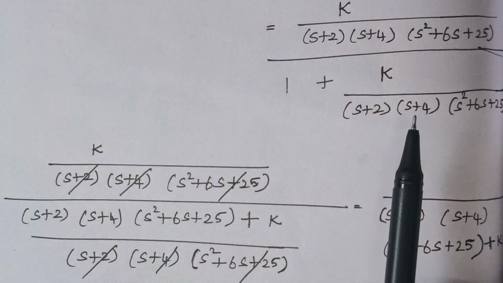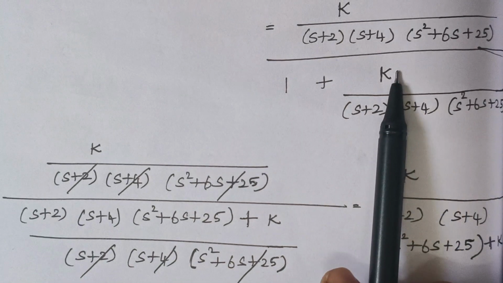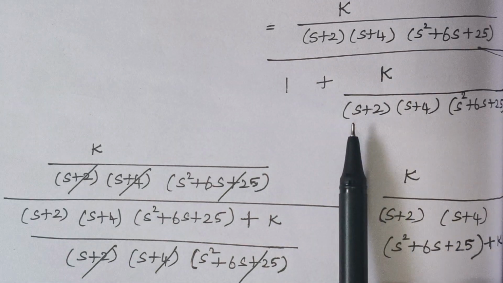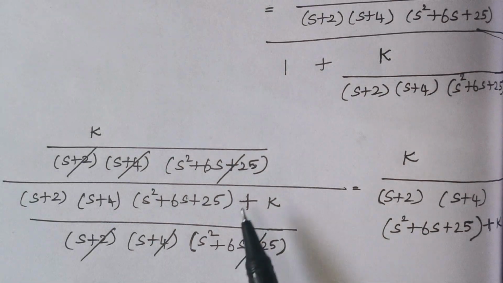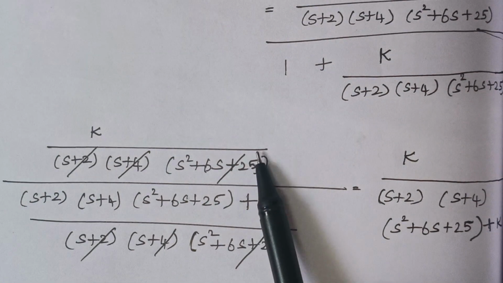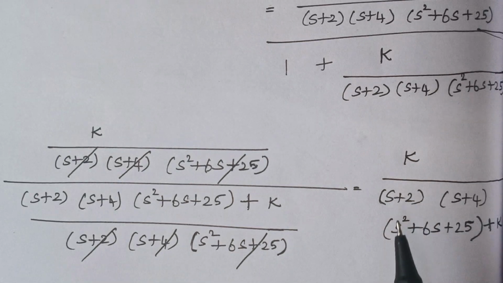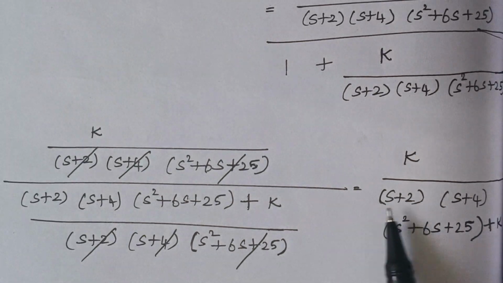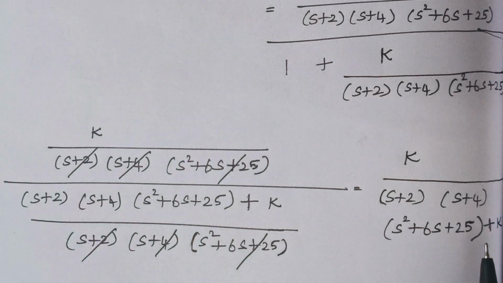So s plus 2 into s plus 4 into s square plus 6s plus 25 plus k, and the entire term divided by this denominator part. Since both the denominator terms are same, they cancel each other. Finally, we have an expression k divided by s plus 2 into s plus 4 into s square plus 6s plus 25 plus k. So this is our closed loop transfer function.